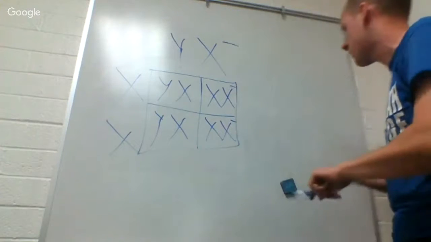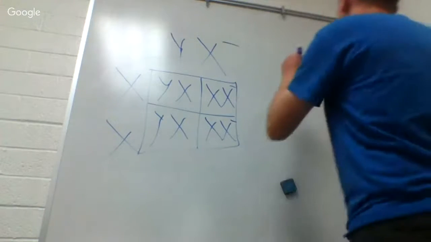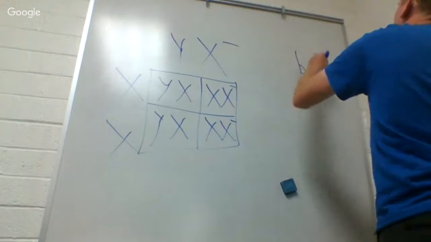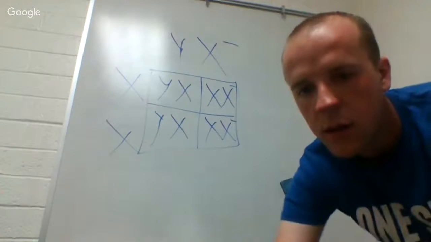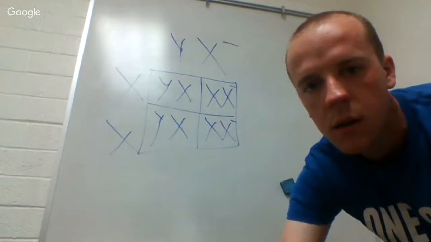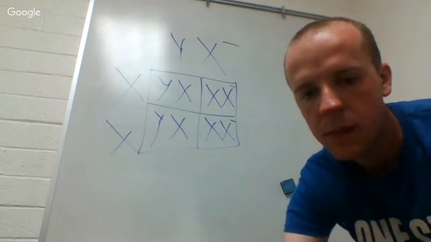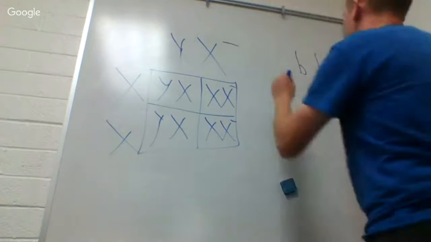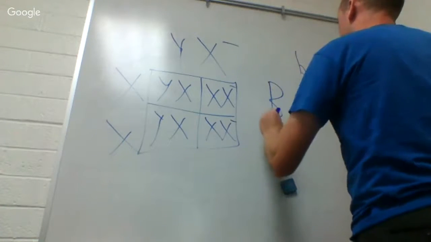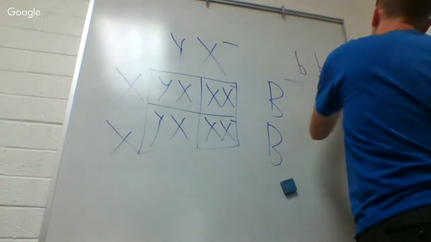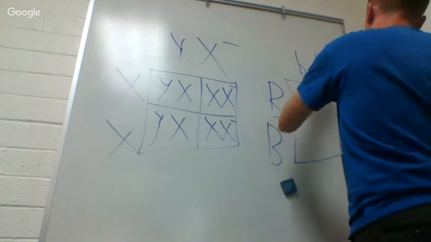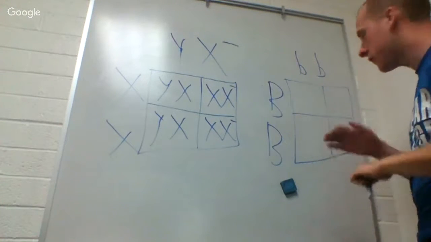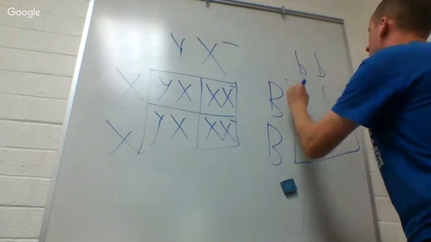Now for the black and white trait, we have... Okay. Then we have this. Okay, so these will cross like so.